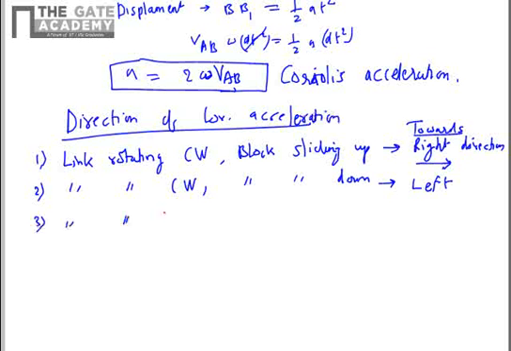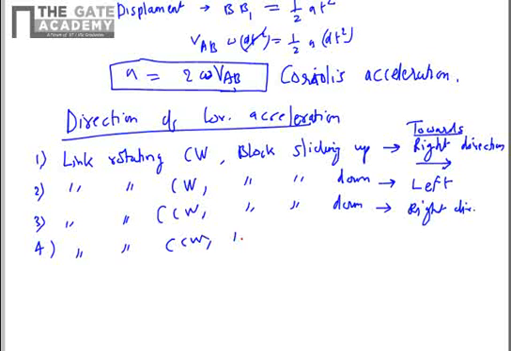Third case, when link rotates counterclockwise and block slides down. So two negatives get cancelled out, and again you get right direction. And fourth, link rotates counterclockwise and block slides up, you get towards left.